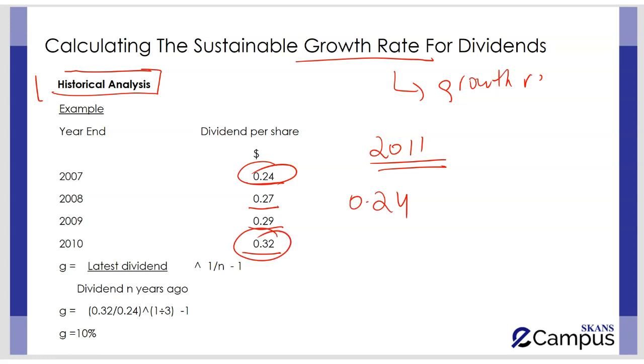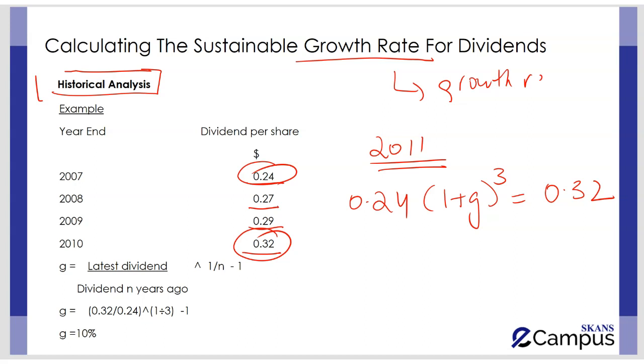So if I write 0.24, and it's a compounding effect, (1 plus g) raised to the power 3, remember if you put it in a bank and you earn interest for 3 years, is equal to 0.32. Similarly, we use this ideology to understand the growth rate that may come out of the dividends, assuming that the growth in each year has been an equally compounded effect.